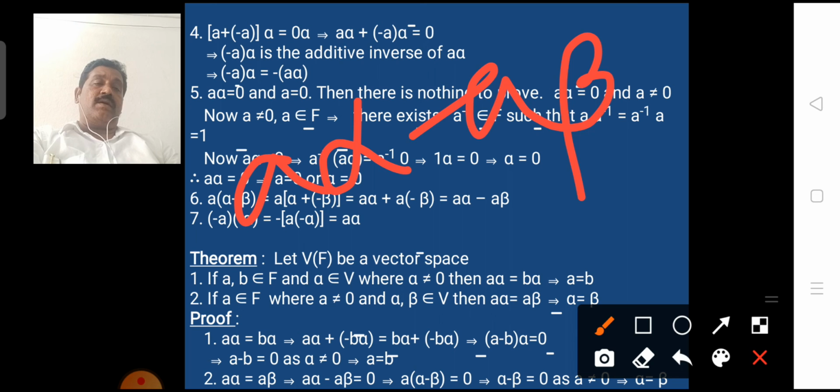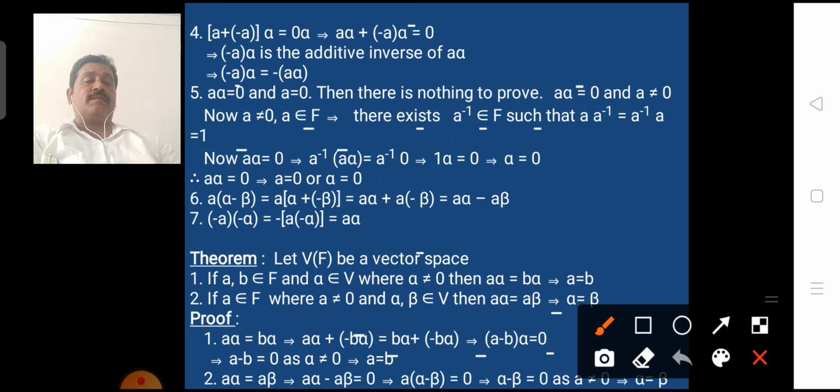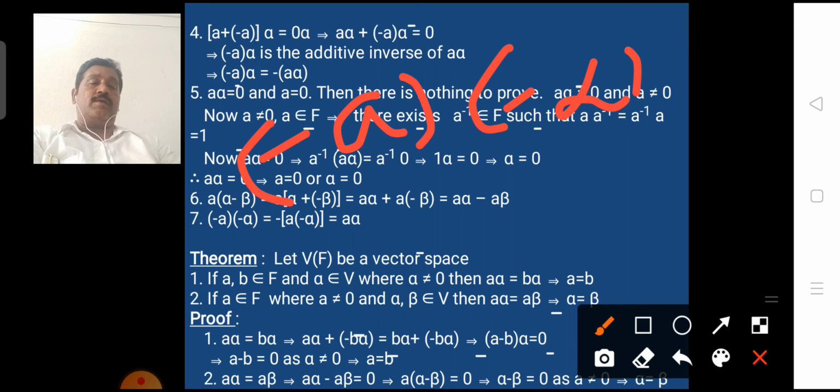And the seventh one is minus A into minus alpha equal to, we are using either 3 or 4, whatever may be for this.